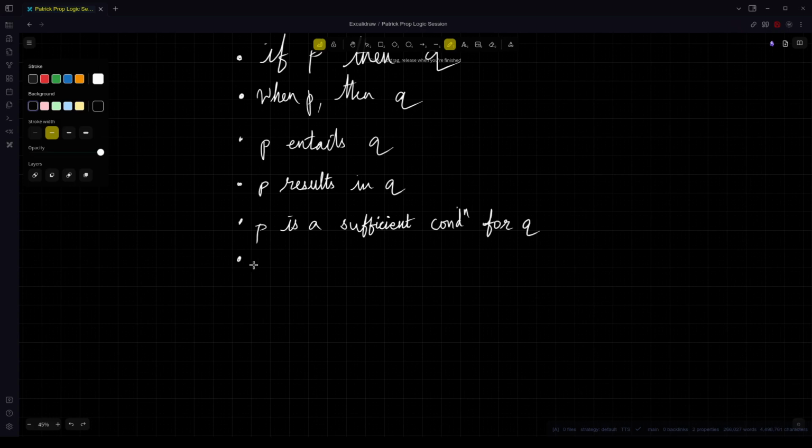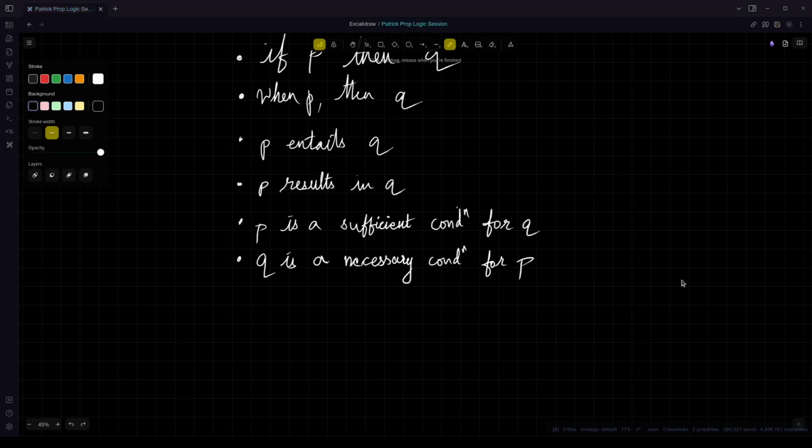Then another one is Q is a necessary condition for P. These are other ways of specifying a material conditional.